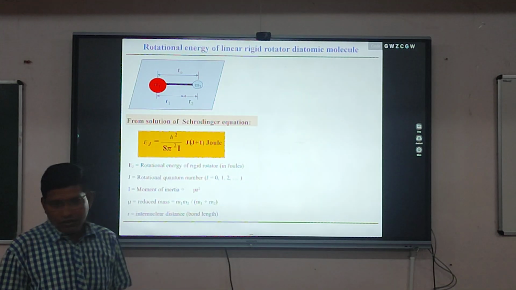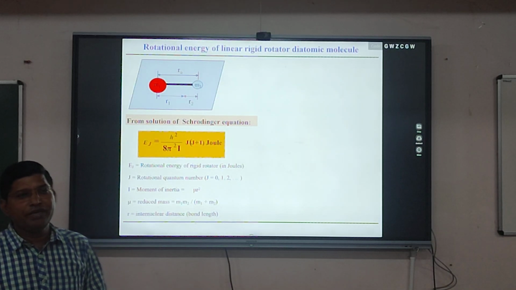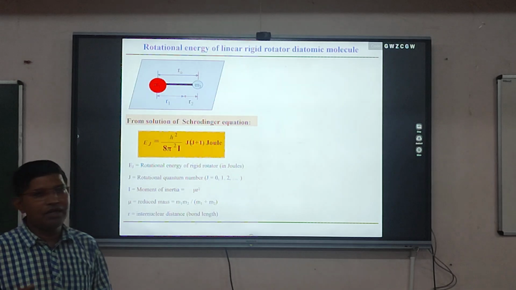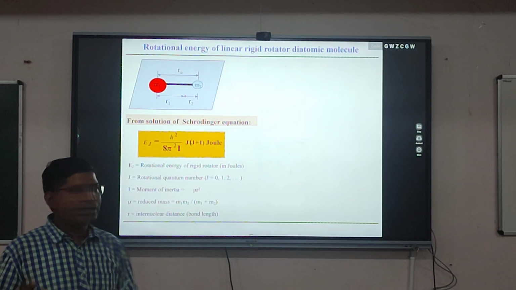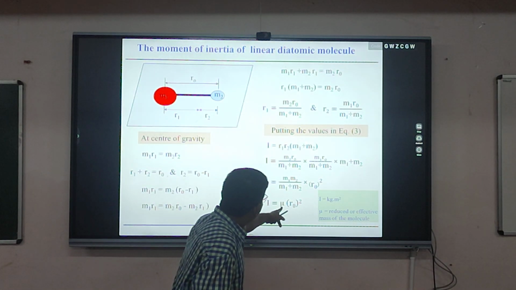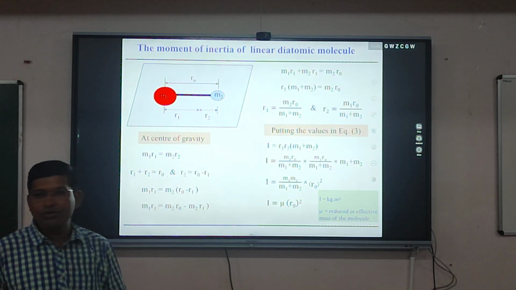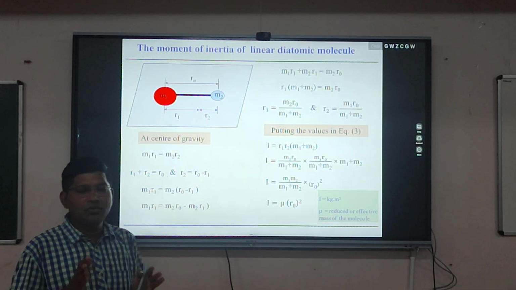So now we have understood how to calculate the moment of inertia of a molecule, and also the reduced mass, where mu is the reduced mass. Here we have learned two things.